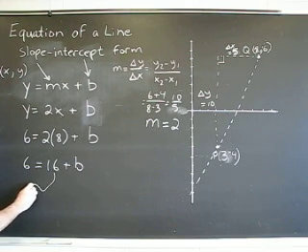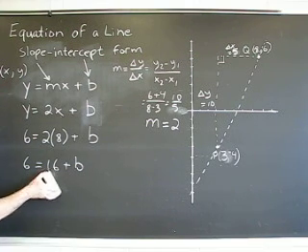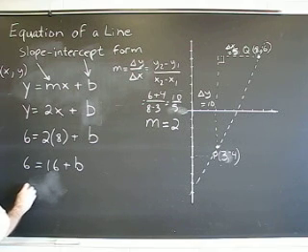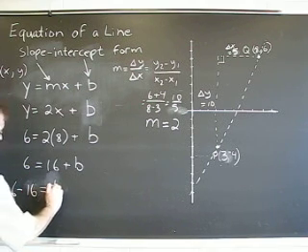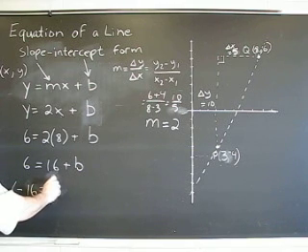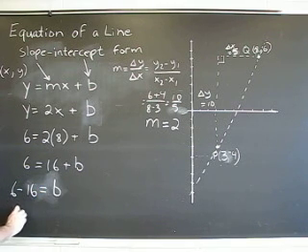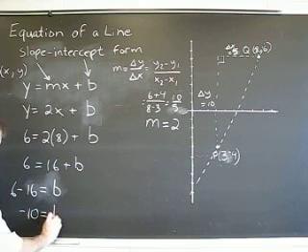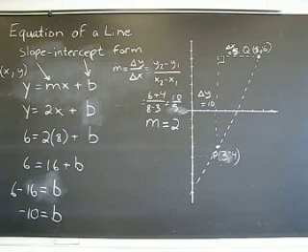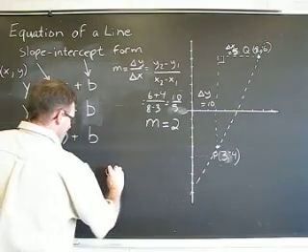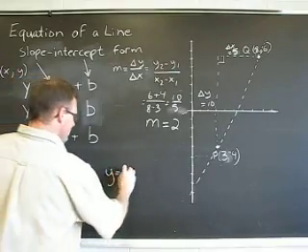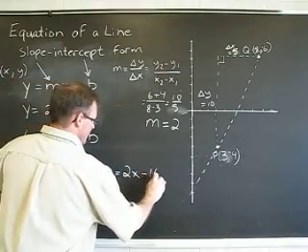This guy is always going to come over across the equal sign. No matter what the question is going to be, it's going to be best to leave the b on the right, take care of this, and I get negative 10 equals b. So the equation of my line, y equals 2x minus 10.